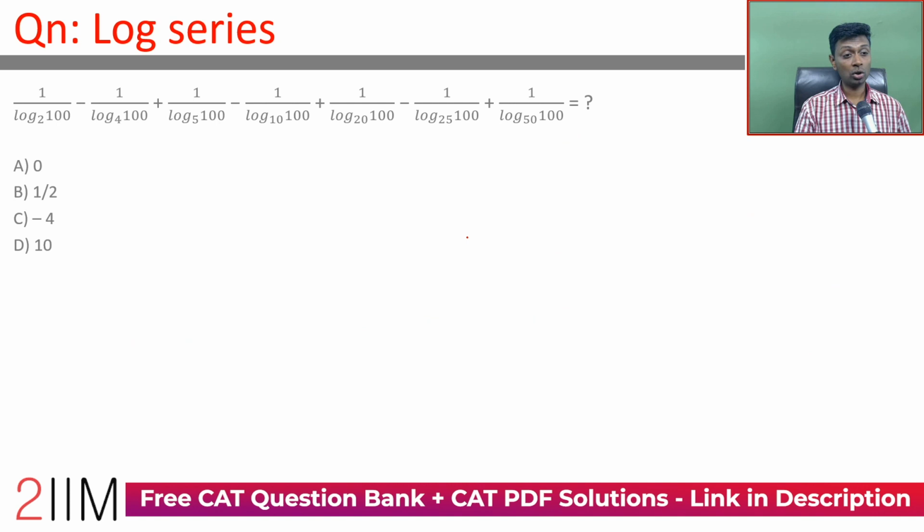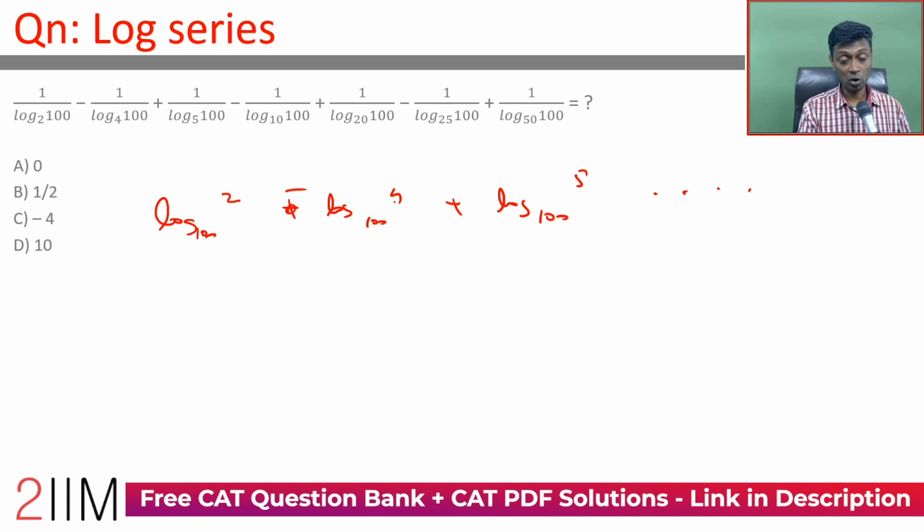1 by log 100 to the base 2 minus 1 by log 100 to the base 4 plus 1 by log 100 to the base 5, and all of this, I'm going to rephrase this. 1 by log A to the base B is log B to the base A. This is log 2 to the base 100 minus log 4 to the base 100 plus log 5 to the base 100, etc. I'm not going to write everything down because I'm already sensing this.